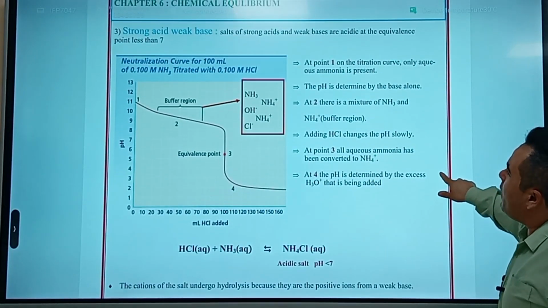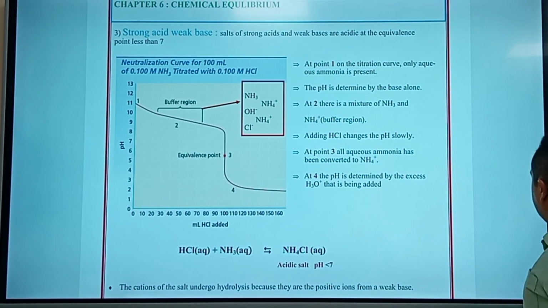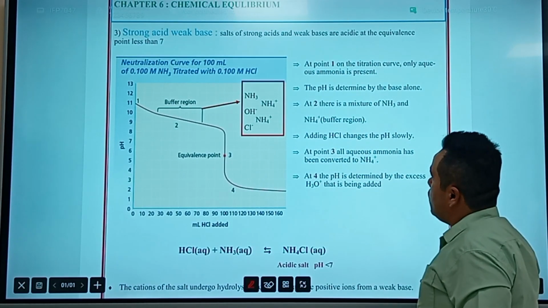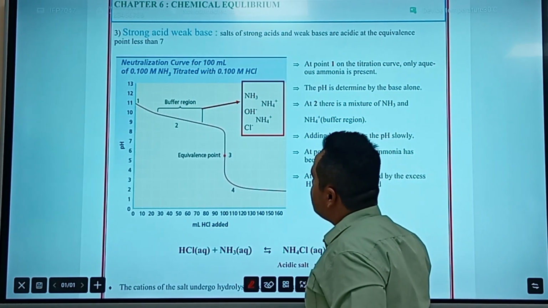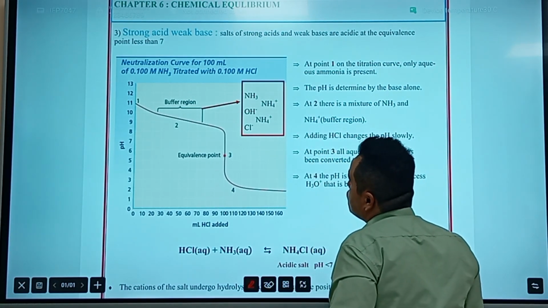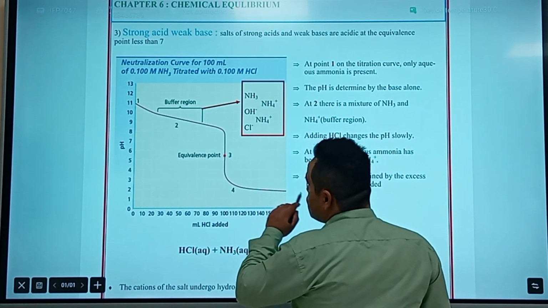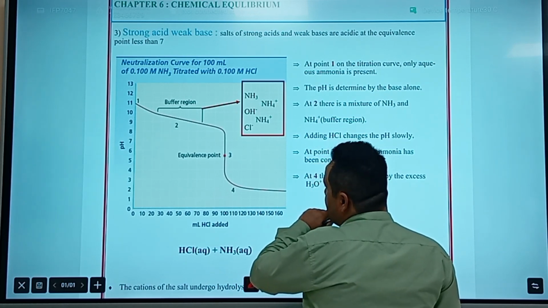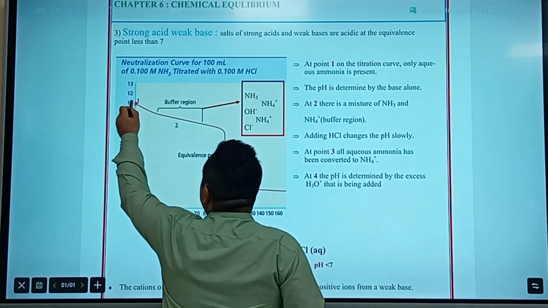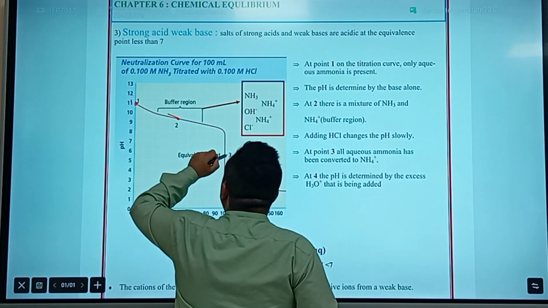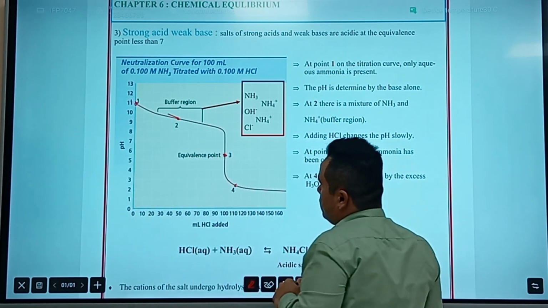The third type of titration, and another form of hydrolysis, is a titration between a strong acid and a weak base. We have four points, point 1, 2, 3, 4.